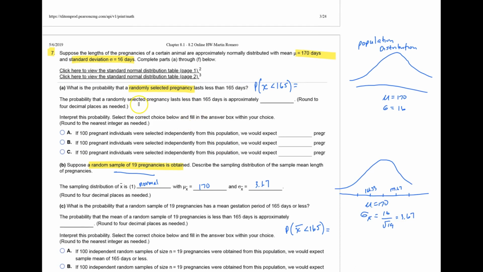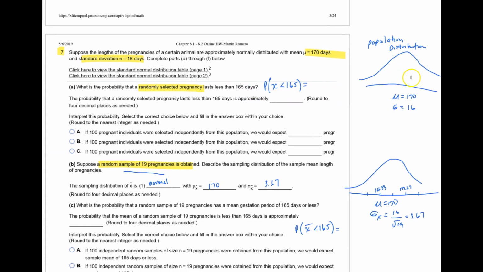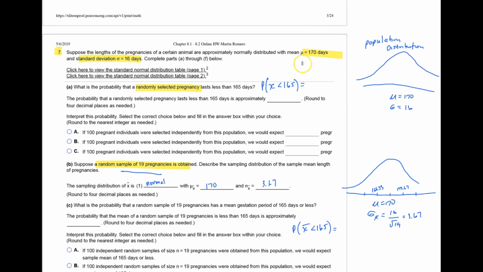So in this first question here, what's the probability that a randomly selected pregnancy lasts less than 165 days? The mean is 170, and so 165 is going to be somewhere on this side of 170, and so we're looking for the probability that would be less than 165.